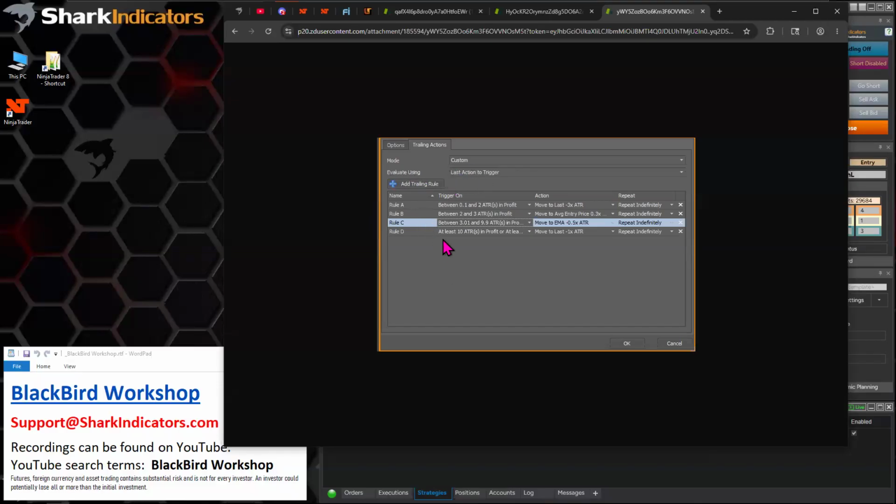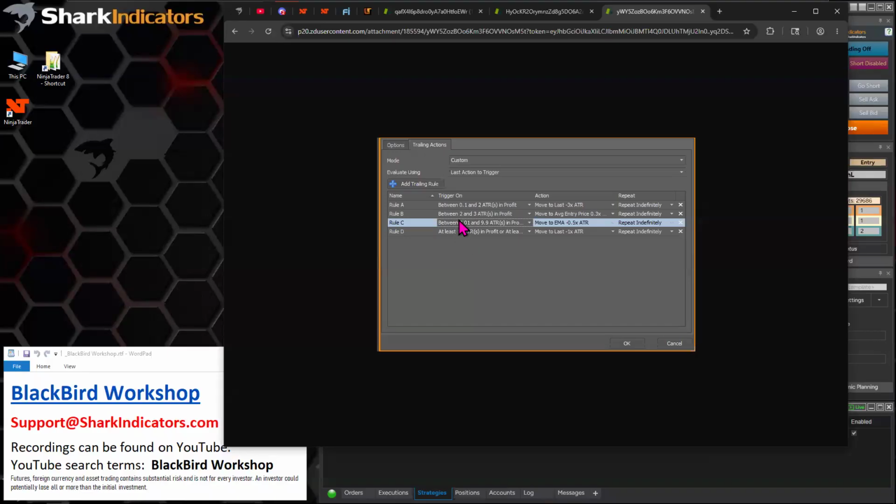But the way these triggers are set up, we can actually set up the triggers so that each rule is executed in a specific order: A, B, C, and then D last.